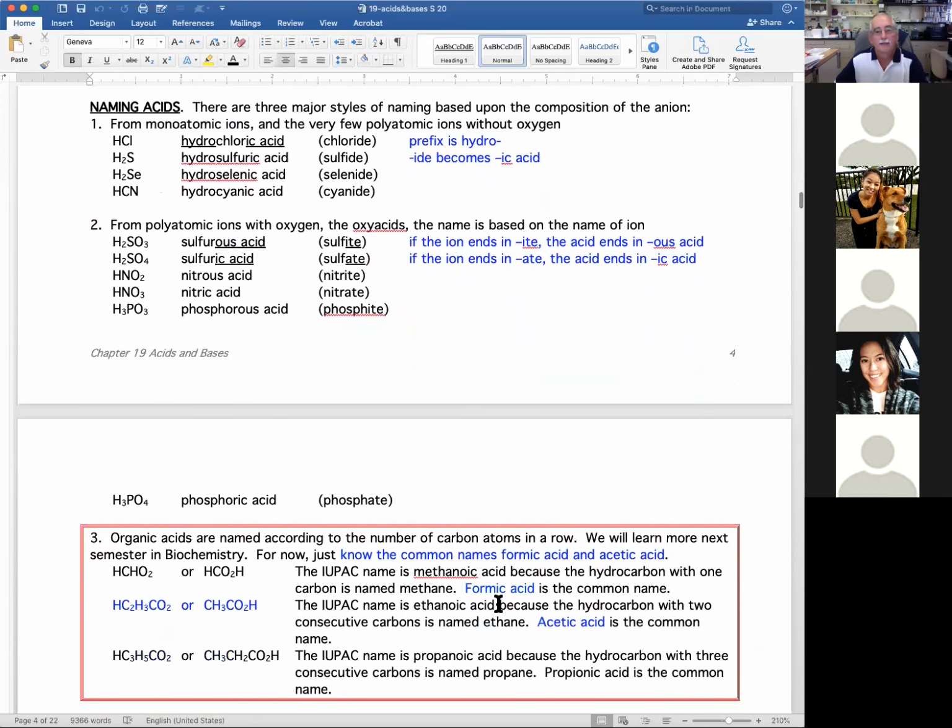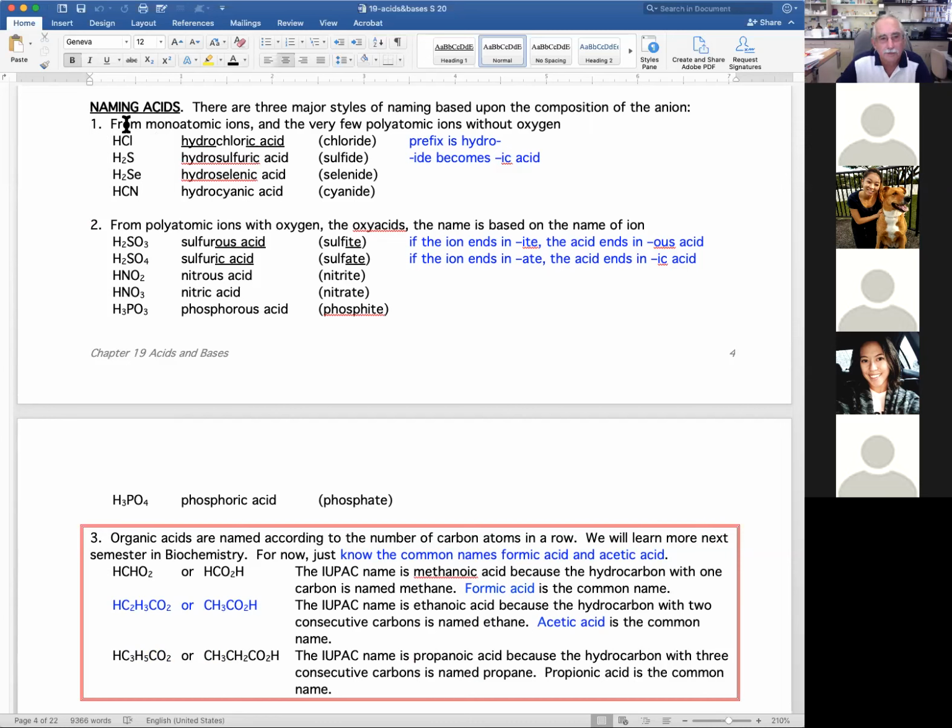So then we have to name acids. There's 3 major styles of naming based upon really what the anion is. If they're from a monoatomic ion, and the very few polyatomic ions that don't have oxygen, our example could be hydrochloric acid, because everybody seems to know hydrochloric acid.